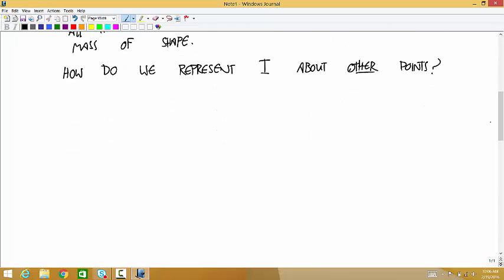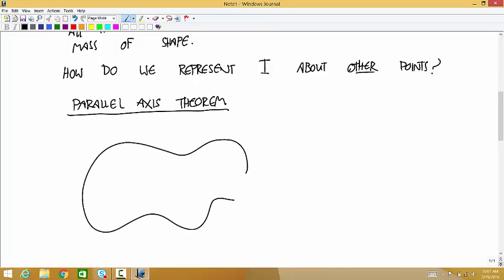And the answer, there's an easy formula for it. It's called the parallel axis theorem. So say this is the body of interest. This is the center of mass of the body.